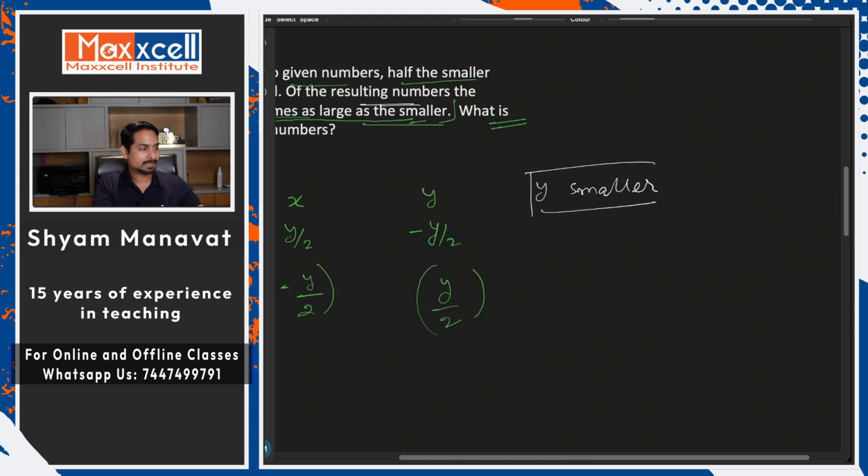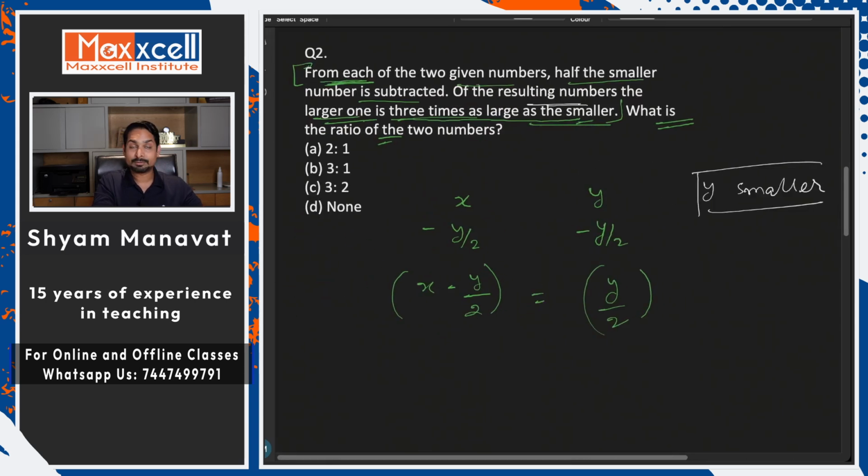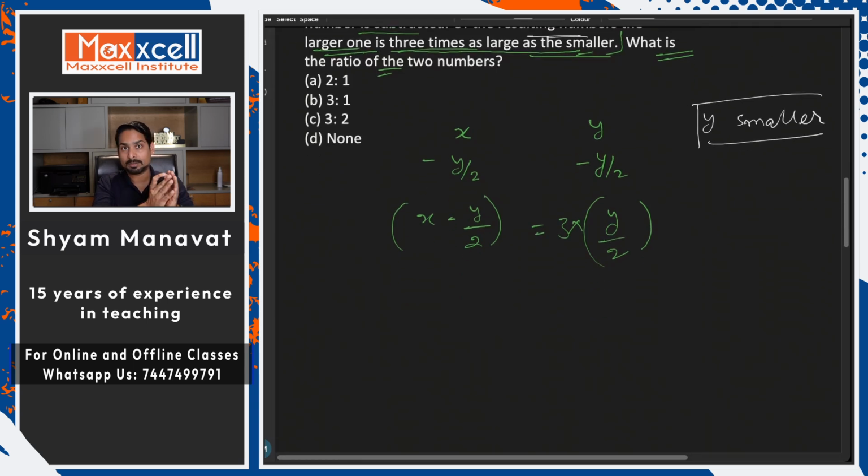So the larger one is equal to 3 times, that means 3 multiplied by the smaller one. If you are following all my video series, then I'm sure you must be clear with this.